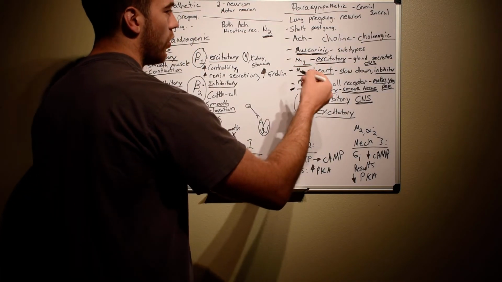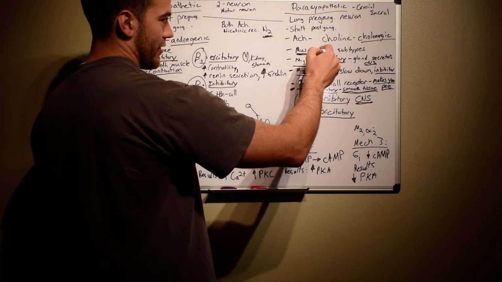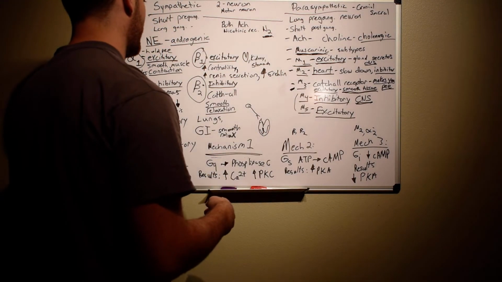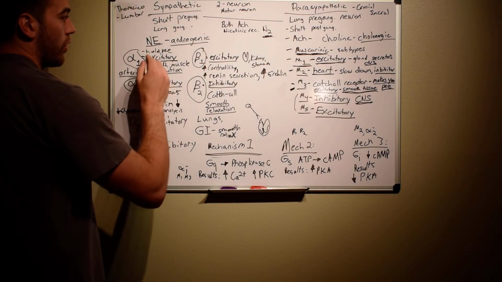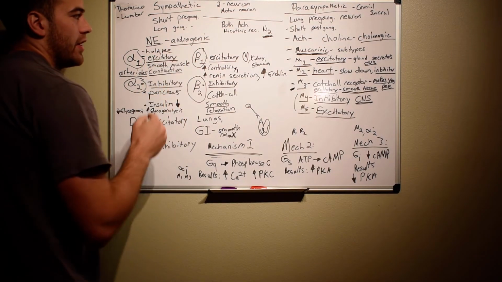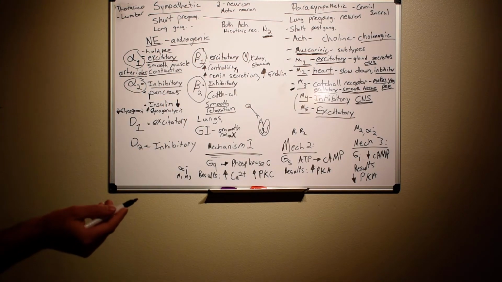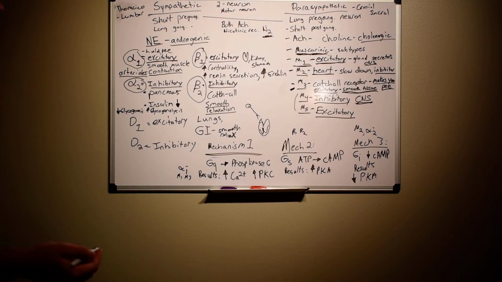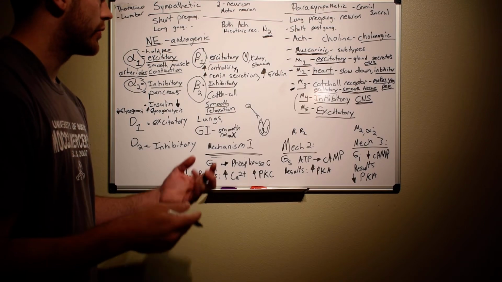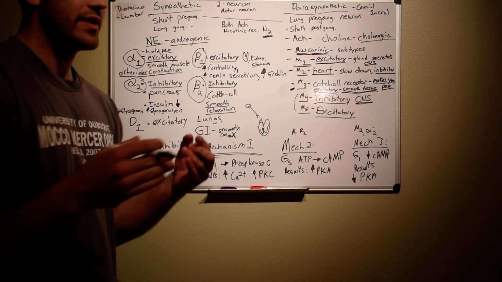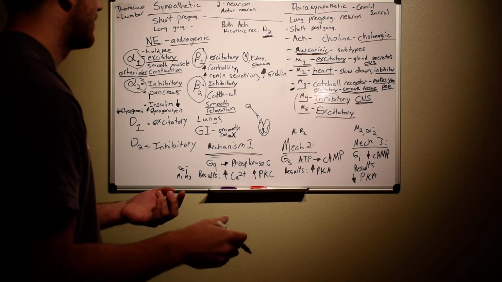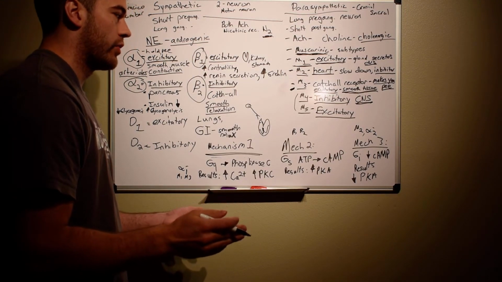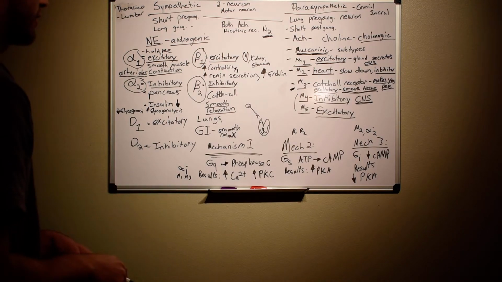Muscarinic is just a fancy word for that, or a subtype of cholinergic. We're going to bind norepinephrine. So the second neuron is going to release norepinephrine that's going to bind to some type of receptor on the effector cell, and it's going to induce a change in that effector organ in the sympathetic nervous system.